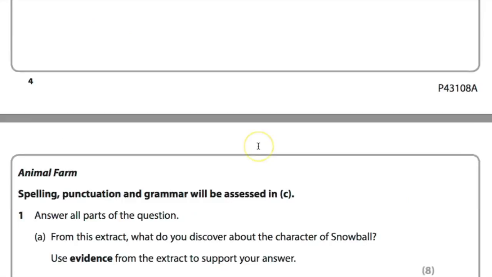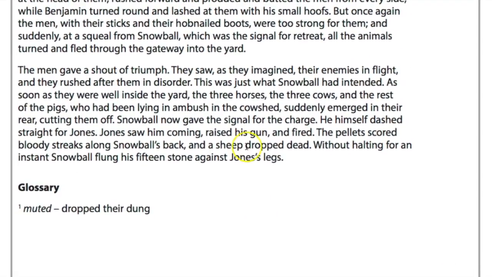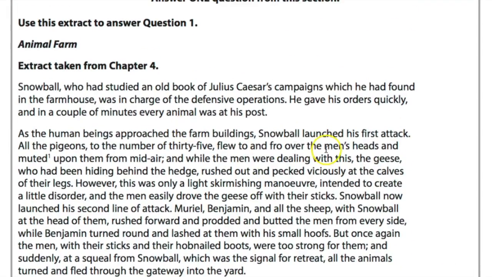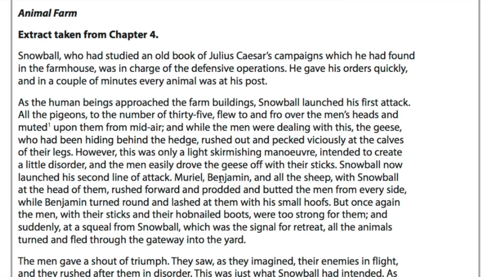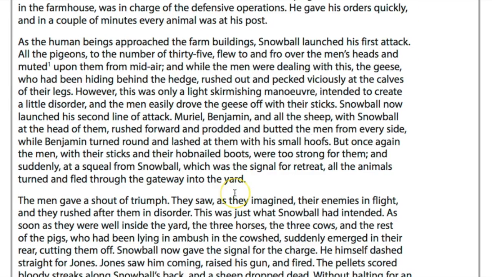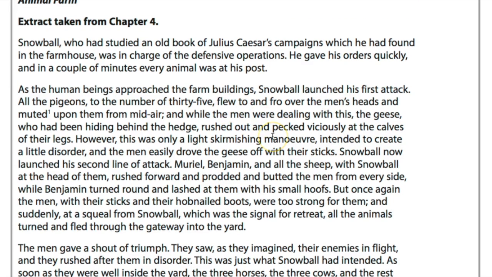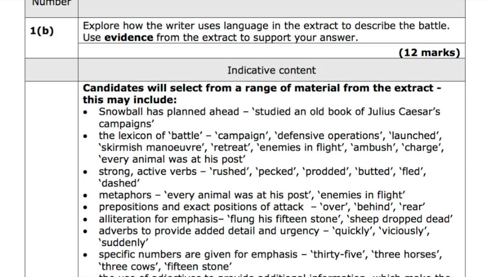So Orwell, in this extract, is using lots and lots of words, meanings and metaphors which describe battle, which wouldn't go out of place in a novel about the Second World War or the First World War. And there are so many things in here that make you think of a battle, even though they're just relating to a farm and farm animals.